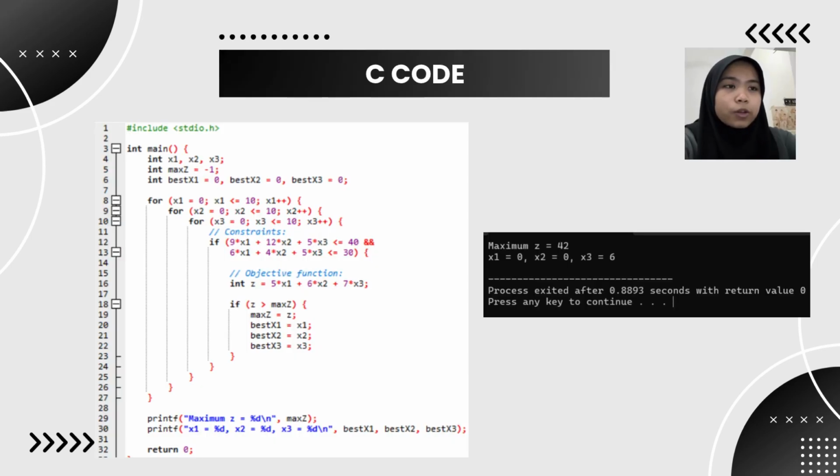Hi, so now we move on to the next question, that is question 6, where our objective is to maximize the function z equals to 5x1 plus 6x2 plus 7x3 subjected to two constraints.